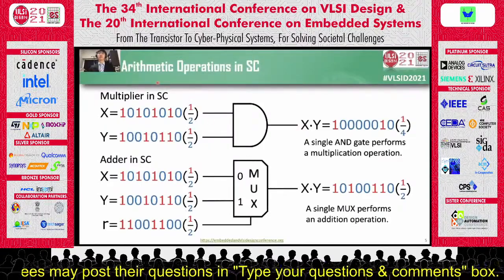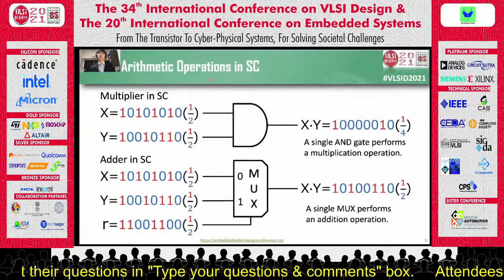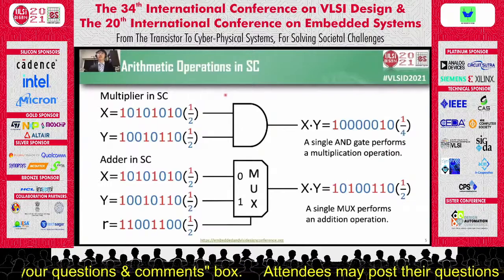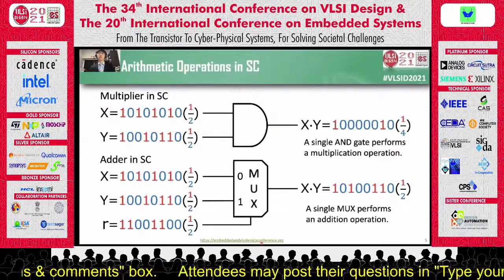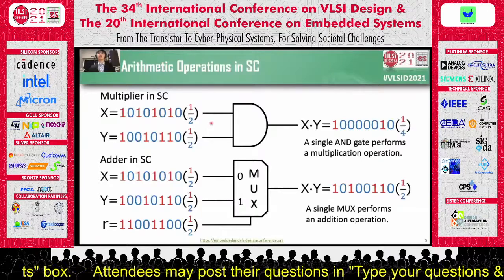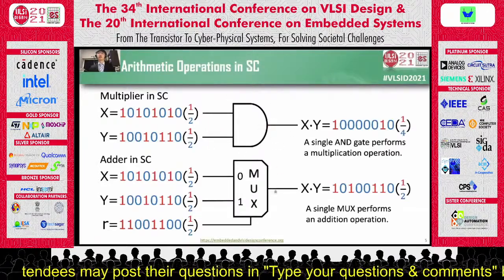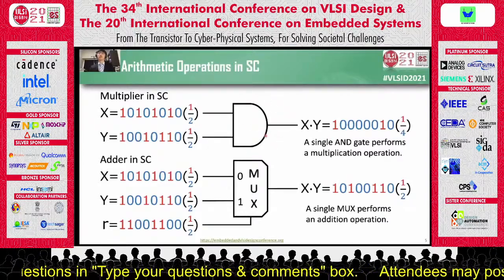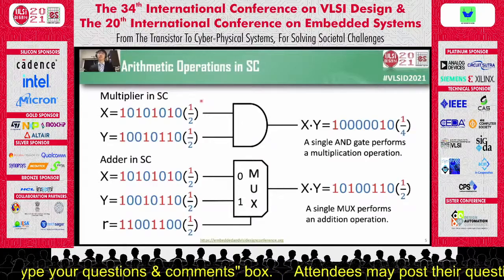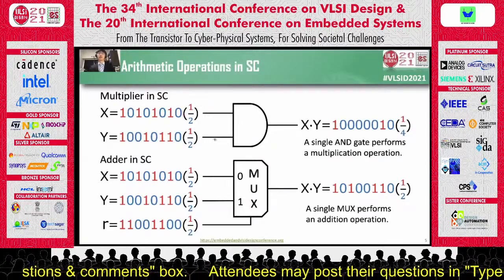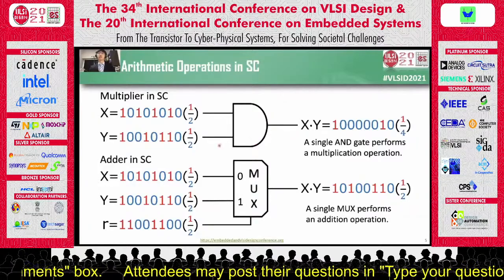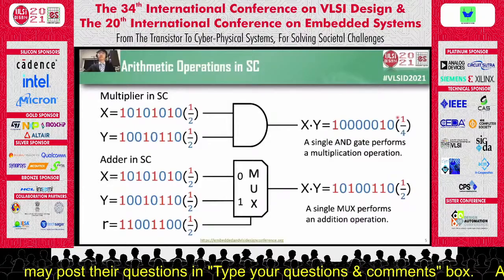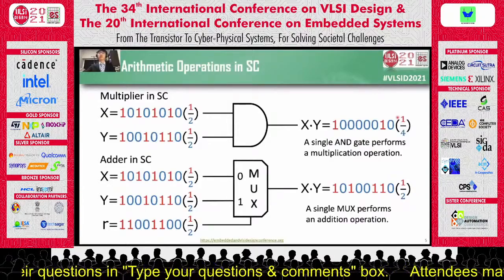Next, let me explain arithmetic operations in SC. The SNs generated by SNGs are calculated by these SC calculators. I would like to introduce a multiplier and an adder as examples. This is a multiplier in SC. These input SNs represent 1/2 for both x and y. The SN output by the AND gate represents 1/4 in value. The answer is 1/4, from 1/2 times 1/2.